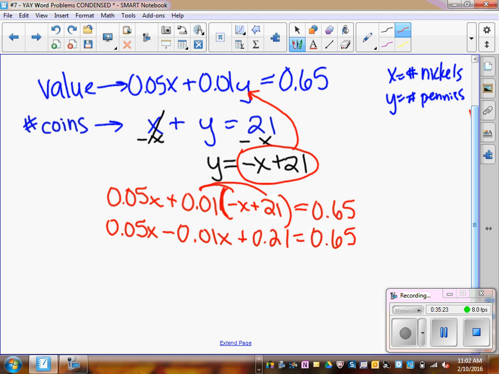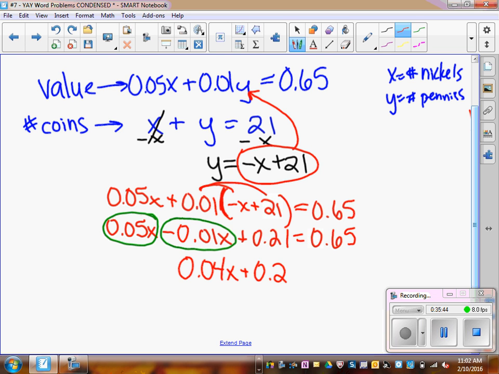Yeah, we've got a couple x's we can combine together. So let's combine those. 0.05 minus 0.01 gives me 0.04x, plus 0.21 equals 0.65.